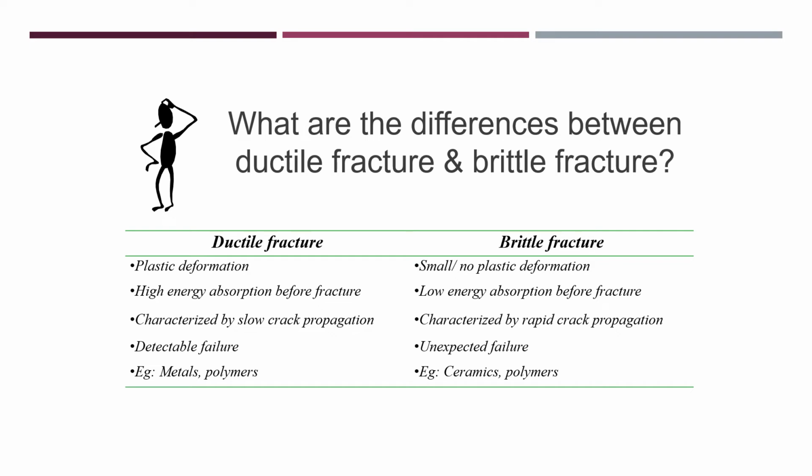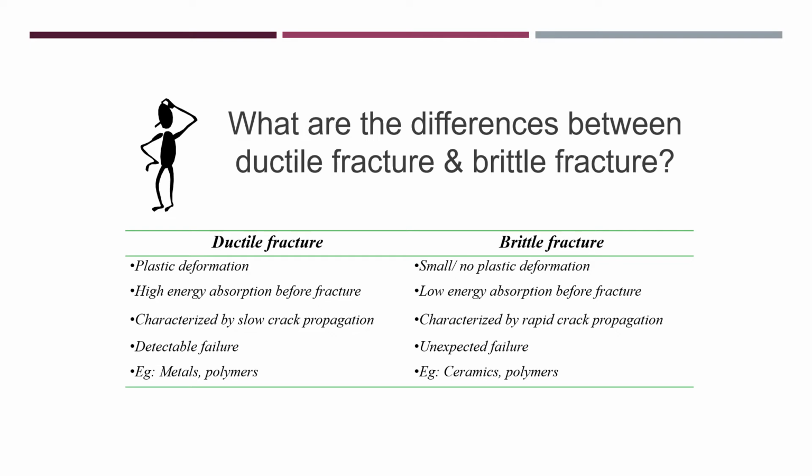Ductile fracture is characterized by slow crack propagation, meaning to say it will break slowly, and brittle fracture is characterized by rapid crack propagation. Ductile fracture has detectable failure, and brittle fracture has unexpected failure.